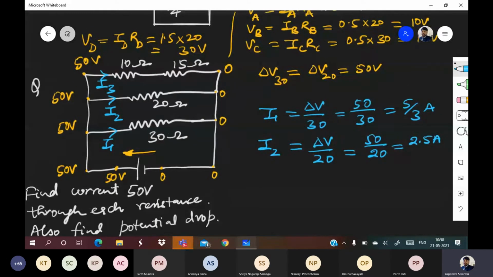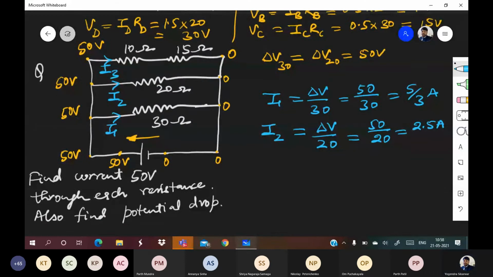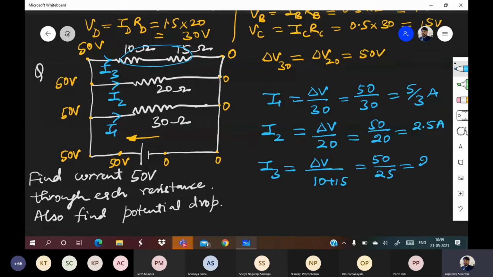Now I3 is again delta V upon 10 plus 15, which is 25, because the total resistance of this path is 10 plus 15, as both are in series. So that comes out to be 50 upon 25, which is 2 ampere.